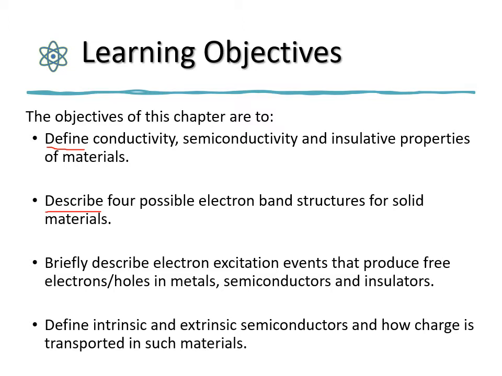Then, briefly describe electron excitation events that produce free electrons or holes in metals, semiconductors, and insulators. And finally, you can define intrinsic and extrinsic semiconductors and how charge is transported in such.